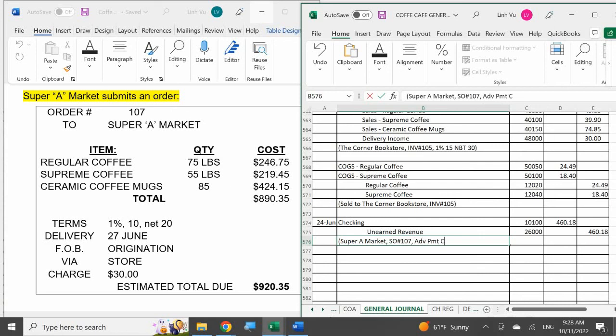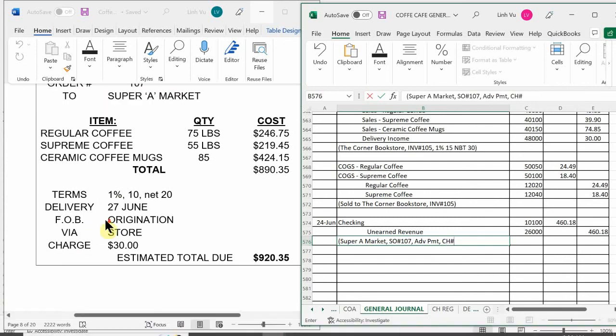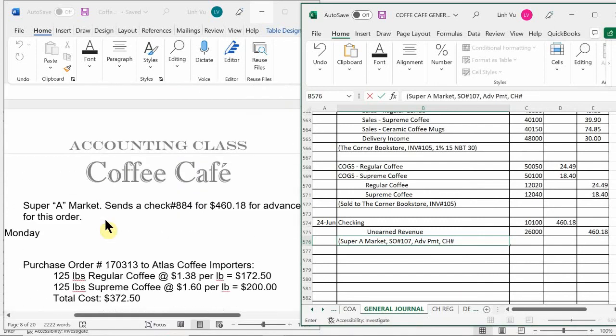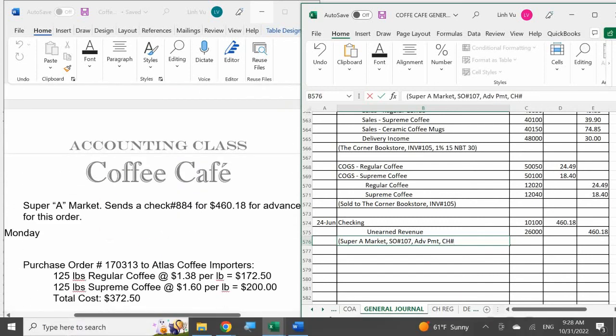And then they sent us check number 884. Okay? Now that I finally finished my journal, I can move on to the rest of whatever I need to do. So what do I need to record?